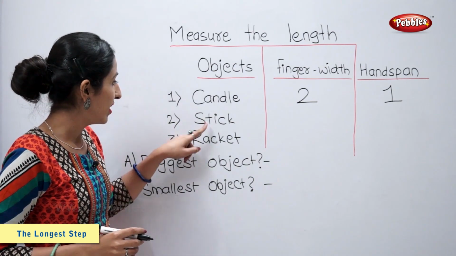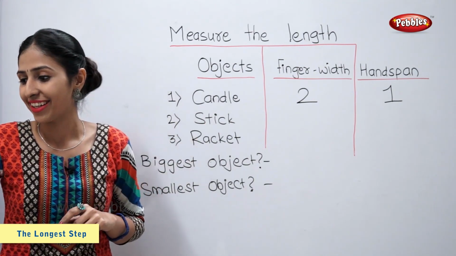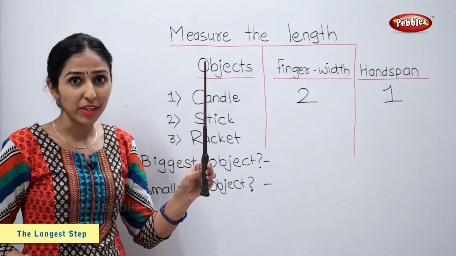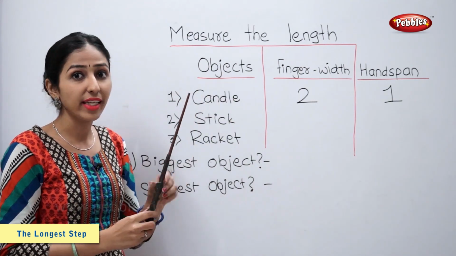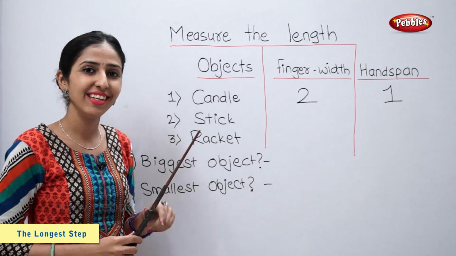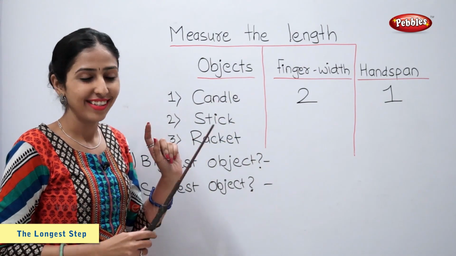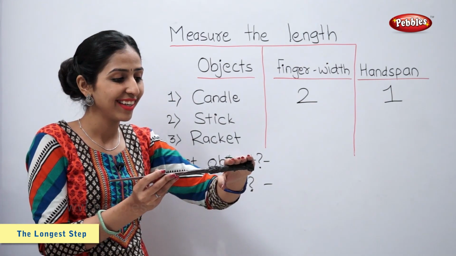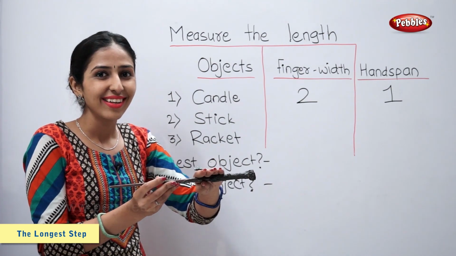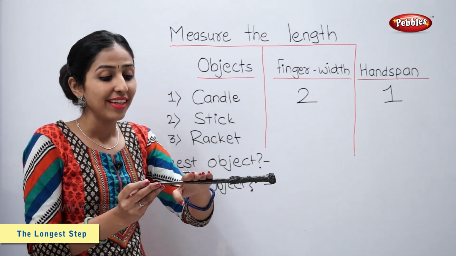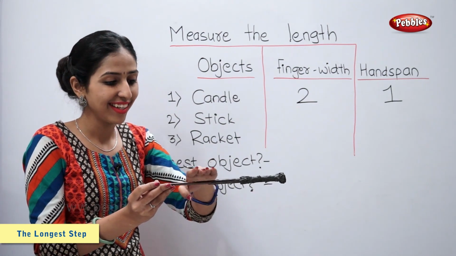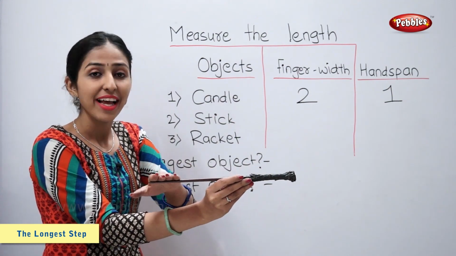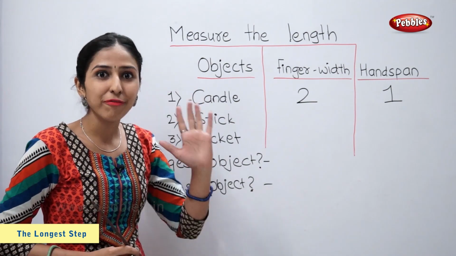Let us measure stick. Let us measure the length of this stick using handspan and finger width. First, with finger width. 1, 2, 3, 4, and 5. 5 finger width.